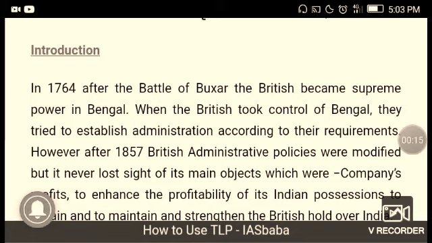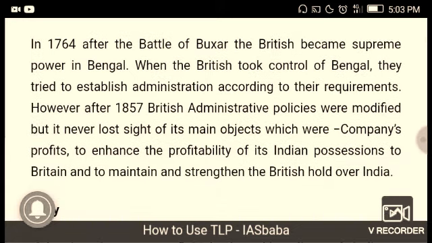Introduction. In 1764, after the Battle of Buxar, the British became the supreme power in Bengal. When the British took control of Bengal, they tried to establish administration according to their requirement.